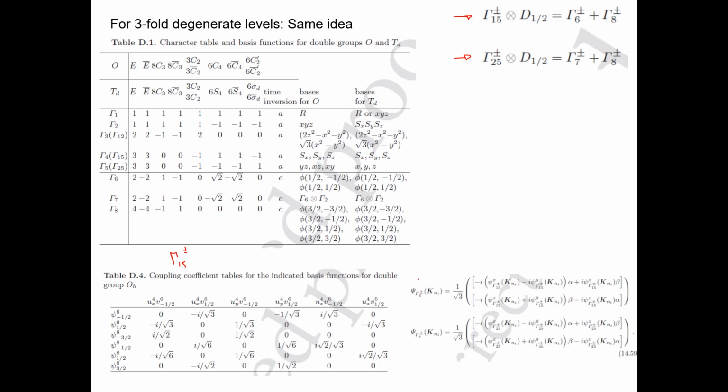Okay, this is a gamma 6 plus, this is a gamma 7 plus, and basically what I do is that I use as ux, uy, uz the tabulated basis functions that can be different depending if I start from a gamma 1,5 or from a gamma 2,5. So there's a correspondence between these tables and the character table and tabulated basis functions. Okay, and I hope you can see what the idea is.